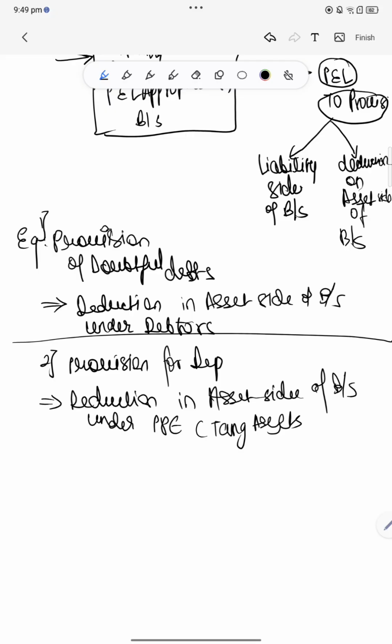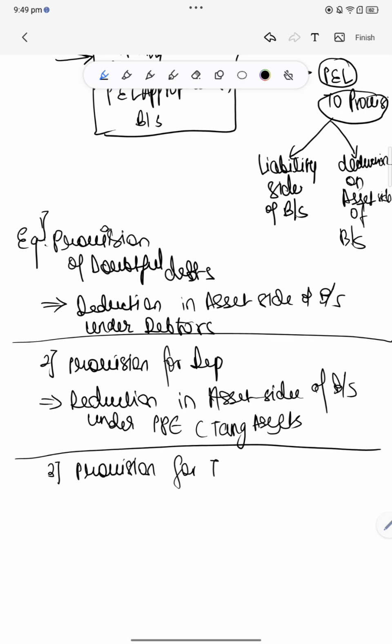Then we have provision for taxation. It is shown on the liability side of the balance sheet. It is not shown as a deduction to any asset balance.